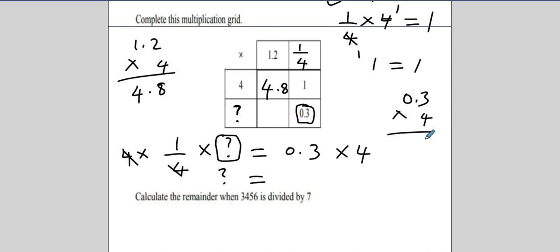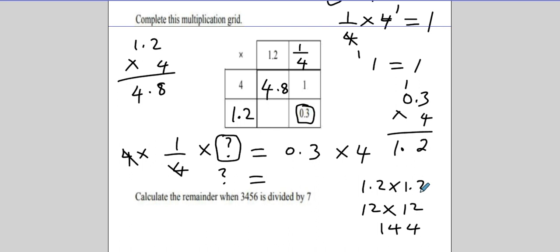See that? This will be 12, carry 1, 4 times 0 is 0, so that will be 1.2 here. Now 1.2 times 1.2, ignore the decimal places, this will be 12 times 12, and this will be 144. 2 decimal places in total, so you put 1.44 there.